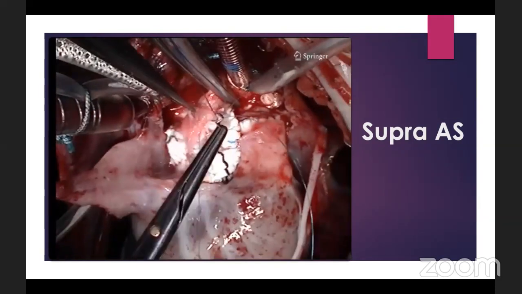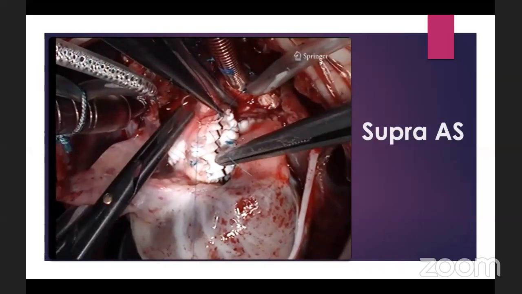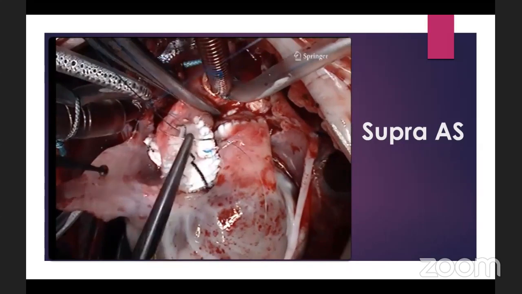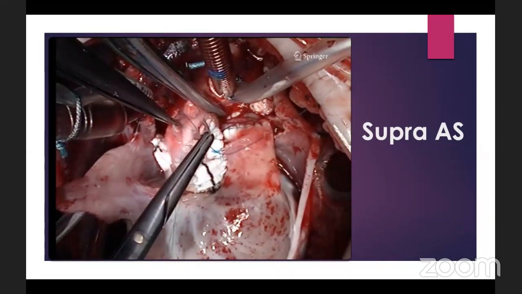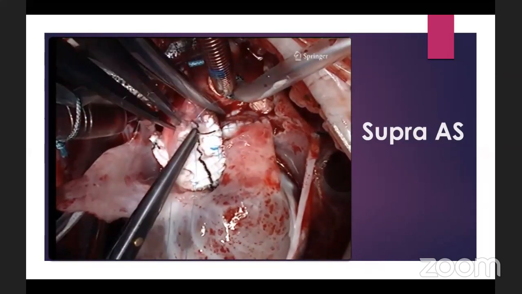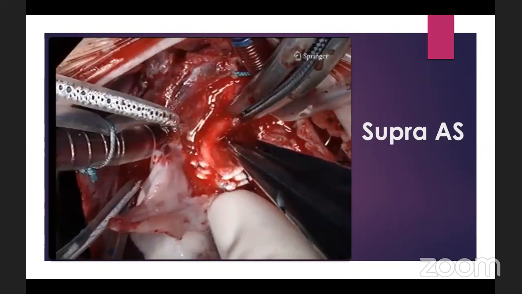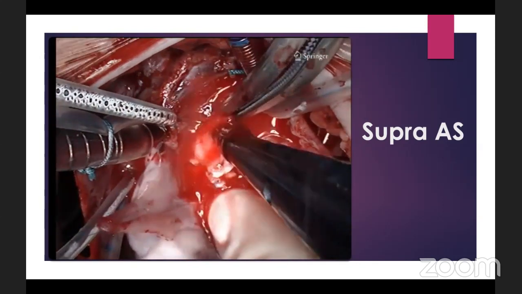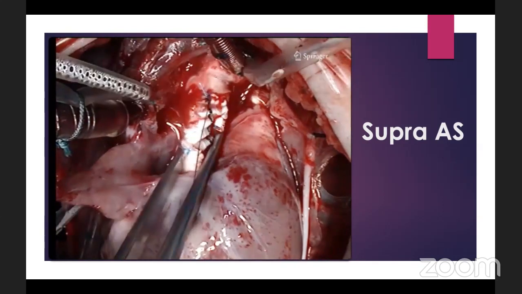I did not have to reoperate on a supra AS patient that I did yet, but again, I'm relatively young into this career. I probably do 2 to 3 of these cases a year. It's not very common, and so far, none of them needed a re-intervention for the aortic root.